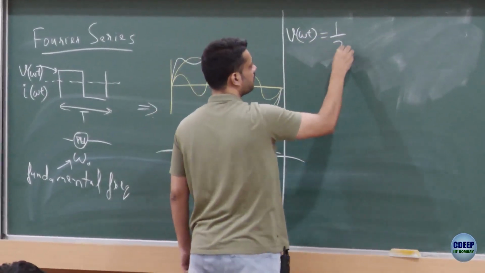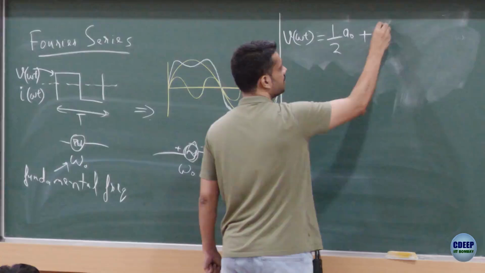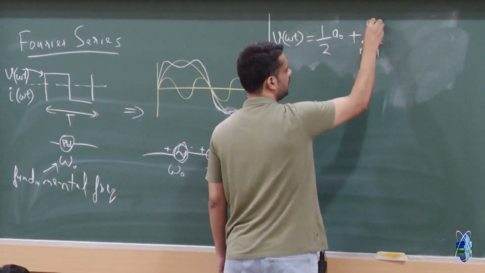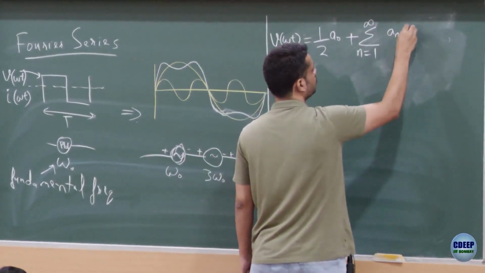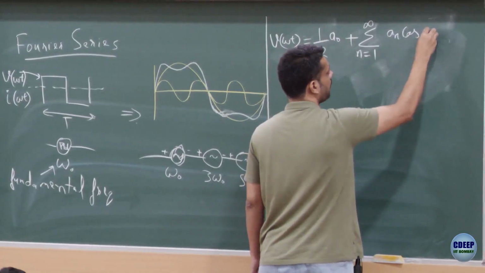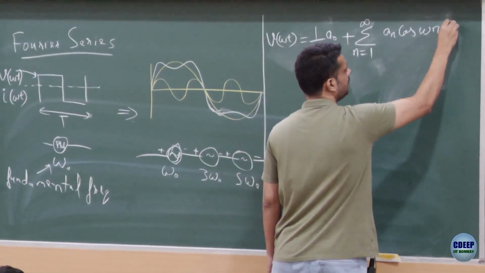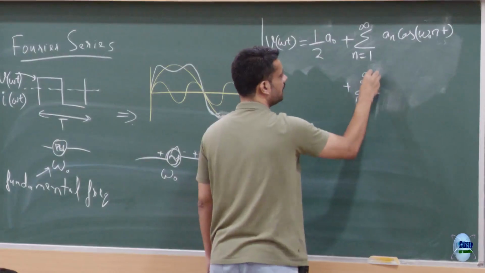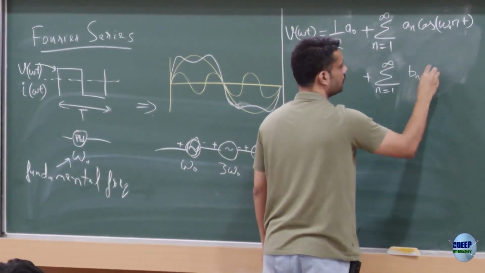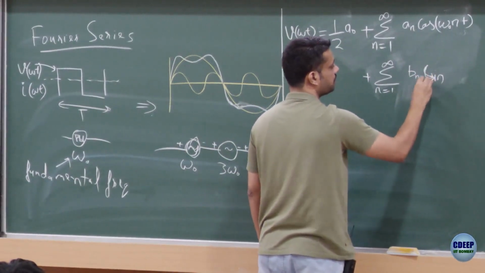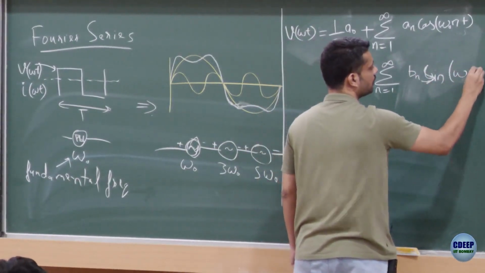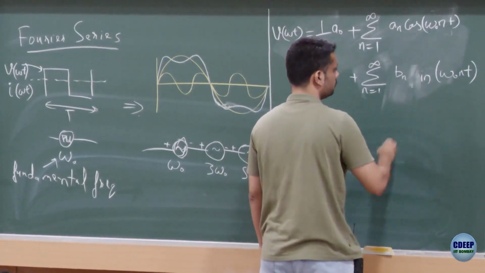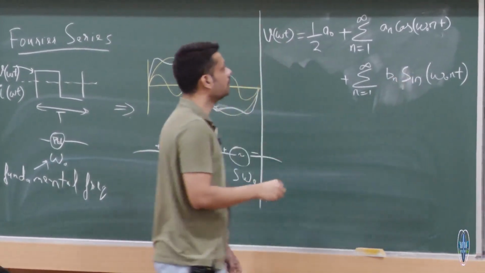If I have to write for V, V of omega t is equal to half of A naught plus sigma of n going from 1 to infinity A n into cos of n omega naught t, plus sigma n going from 1 to infinity B n sine of n omega naught t.